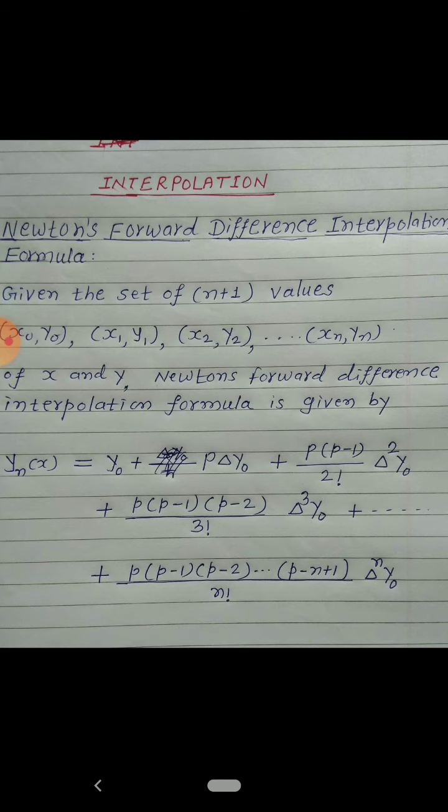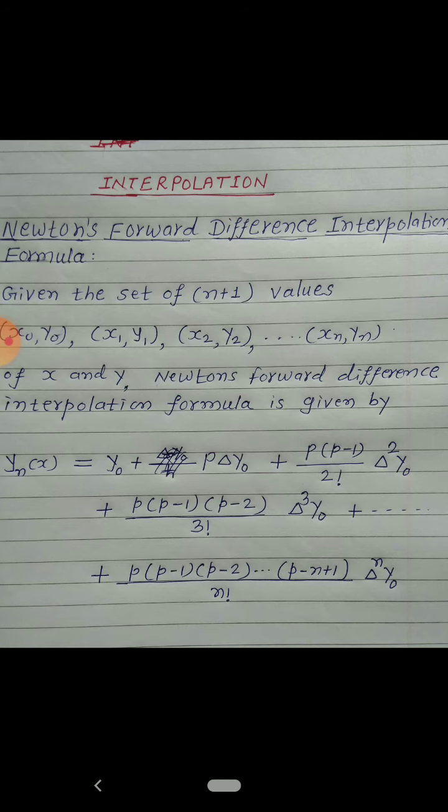Now, in this formula, p means (x minus x0) upon h. I have not written it here, but remember that the value of p is (x minus x0) divided by h. When we have to obtain the value of p, the formula is x minus x0.